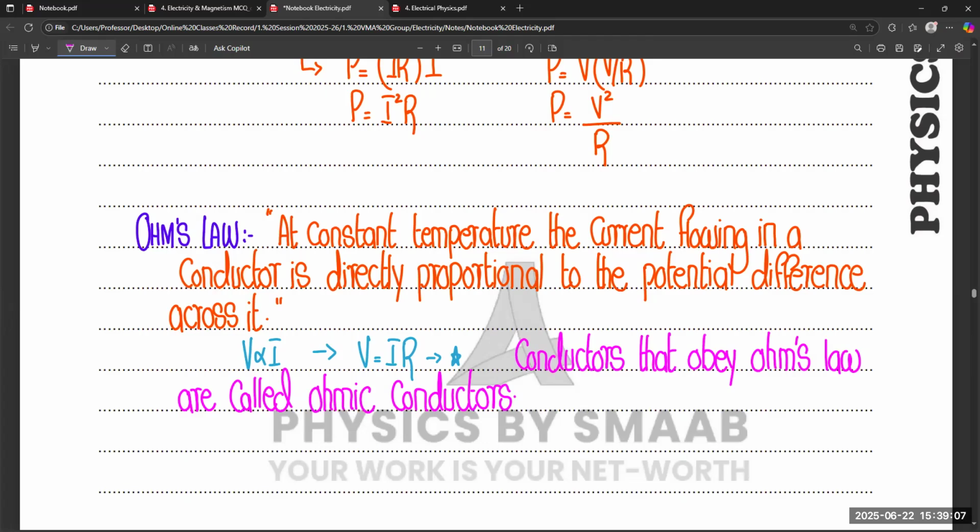So all the conductors that obey Ohm's law are called ohmic conductors.